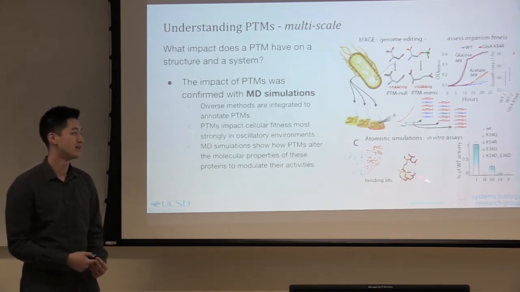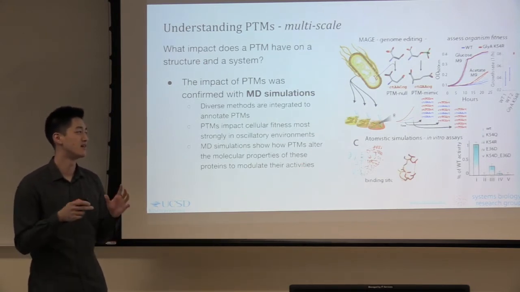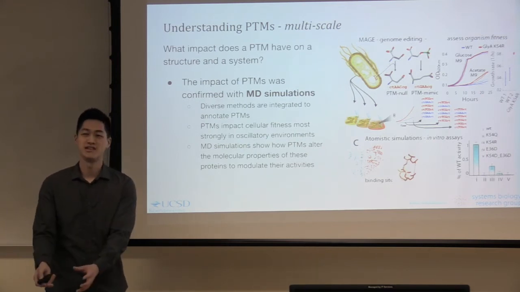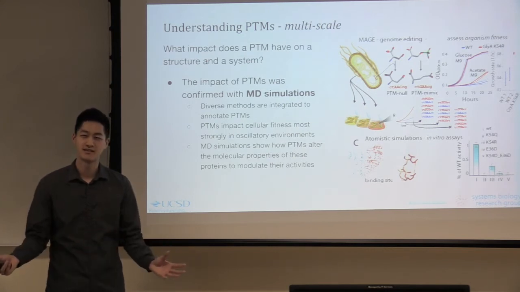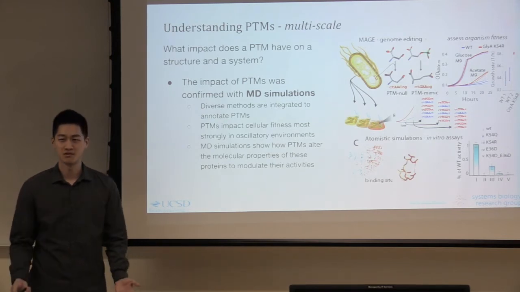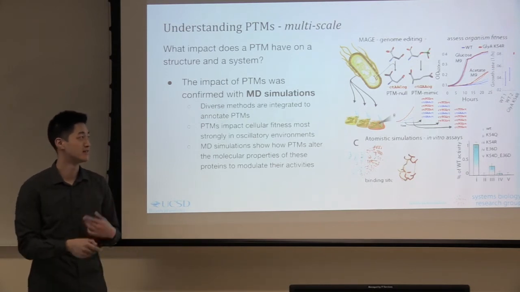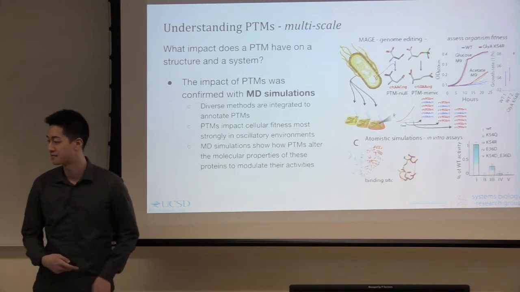And what MD showed here was it allowed Liz to really understand the mechanistic impact that a PTM had on the protein itself. So why would it either inhibit or increase its activity? And then use that to understand if that would be related to the phenotypic response that was being observed. So again, this was applied on a handful of enzymes within the metabolic network.